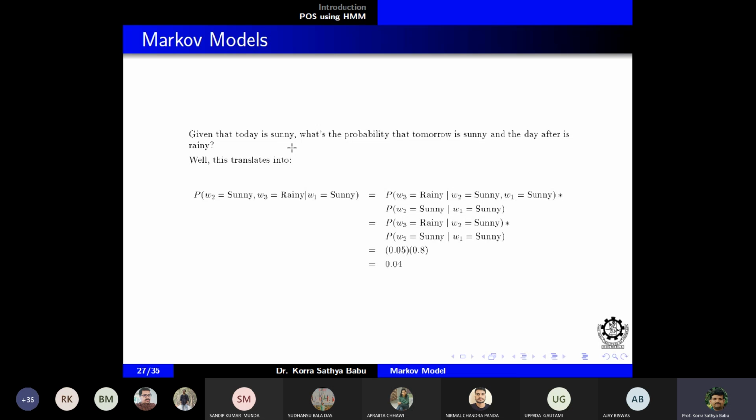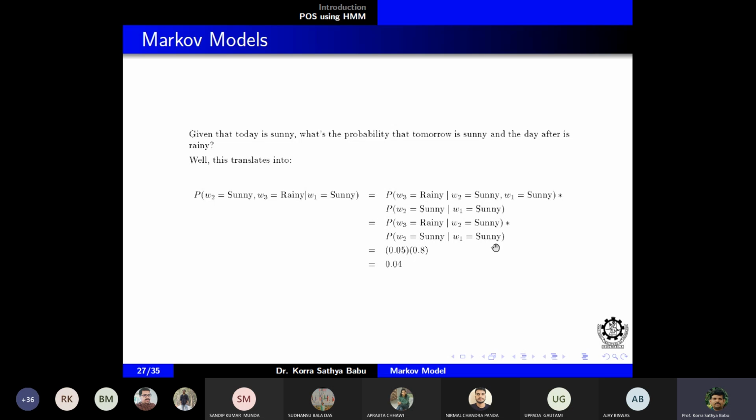It means we need to calculate W1 is sunny, W2 is sunny and W3 equal to rainy. We need to find the probability of occurrence of this sequence. That is the probability of W3 equal to rainy given W2 equal to sunny and W1 equal to sunny, multiplied by the probability of W2 equal to sunny given W1 equal to sunny.